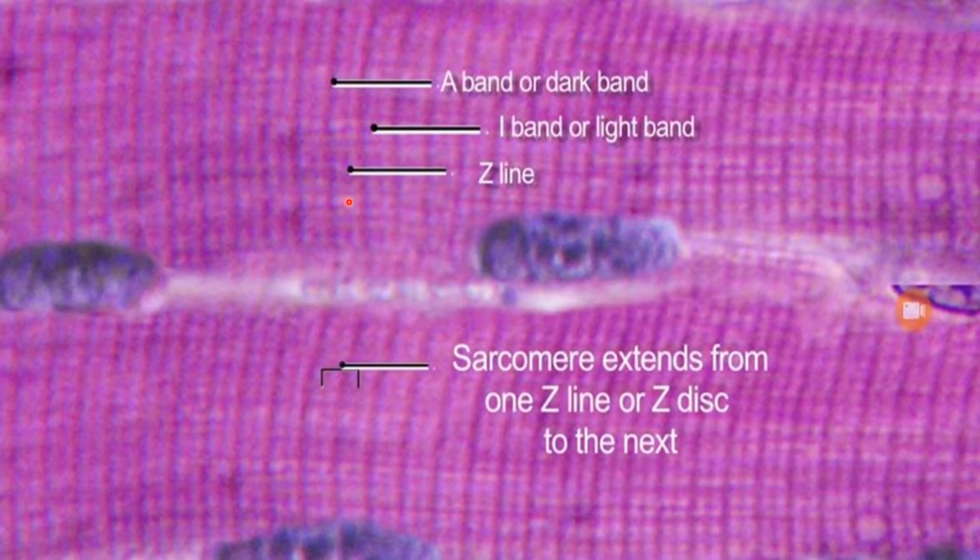So this darker one is the A band or dark band, and this is the lighter band which is called I band. In the center of the lighter band we see a line which is called the Z line or the Z disc. Sarcomere extends from one Z line to another Z line. This is the functional unit of a muscle. Any contraction happens in this area between the two.